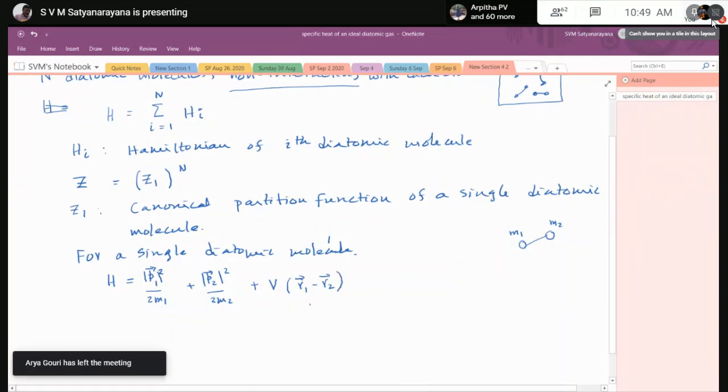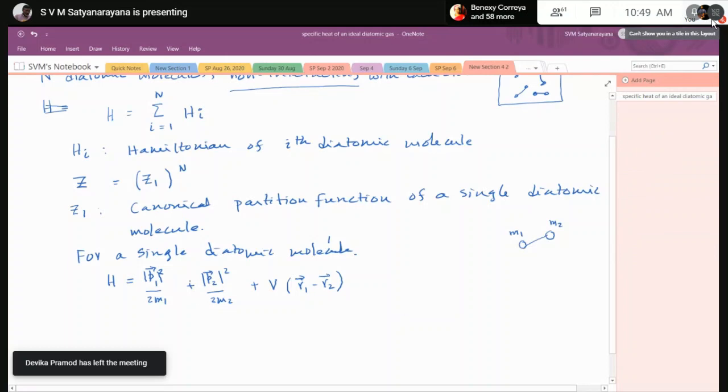So this is our total energy Hamiltonian for a diatom. Now you can think of writing this in different ways. But before we do that, let us try to understand.